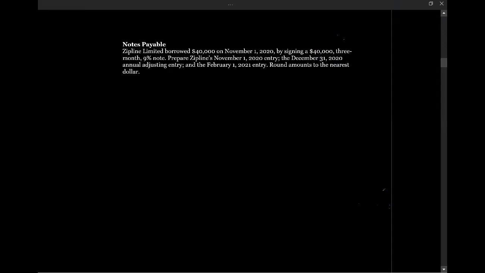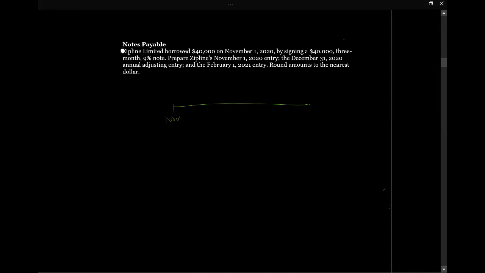Okay, let's make a quick timeline here. So we've got November 1st. Zipline is going to issue a $40,000 note, and it's a 3-month note. So we've got November, December, January, and then February here at the end.